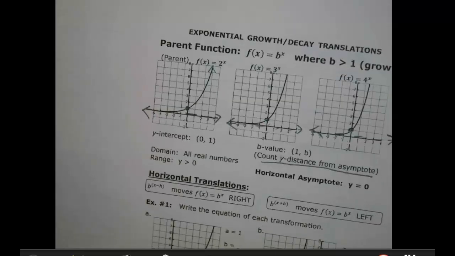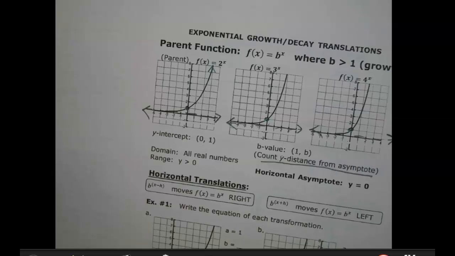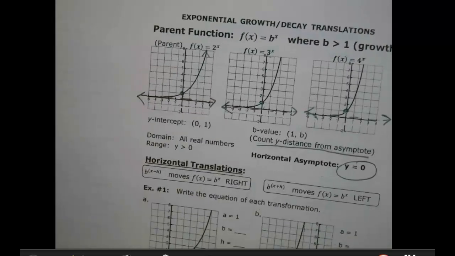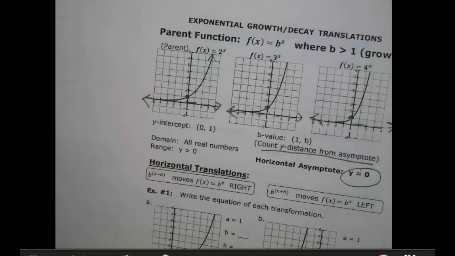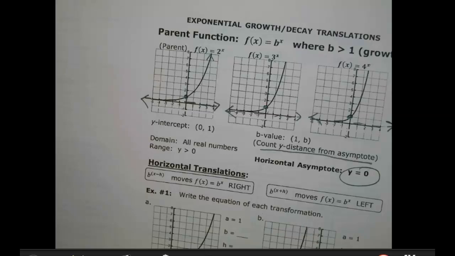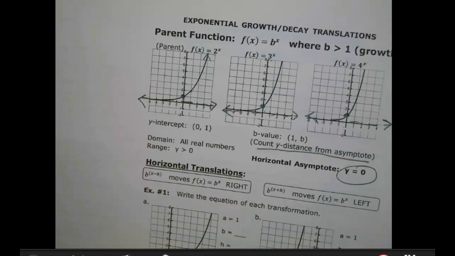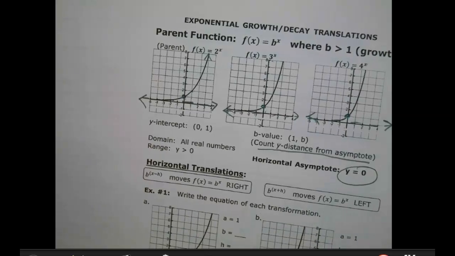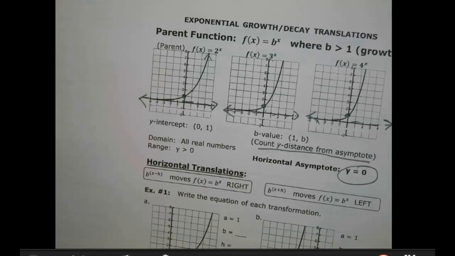So, first of all, here is my asymptote, and the asymptote is always y equals 0. So when the asymptote is at y equals 0, my k is 0. Next, does it go through here?